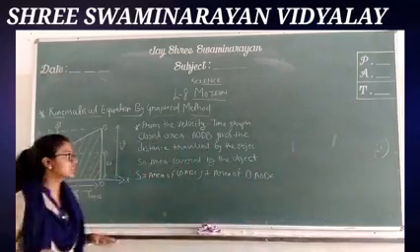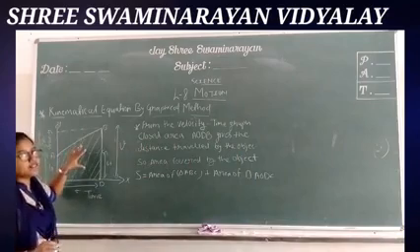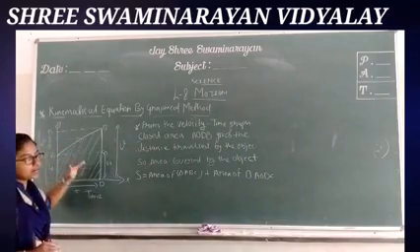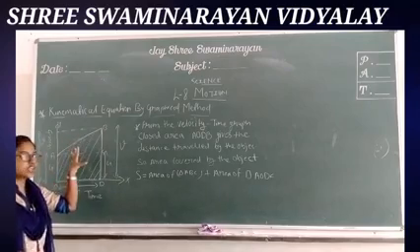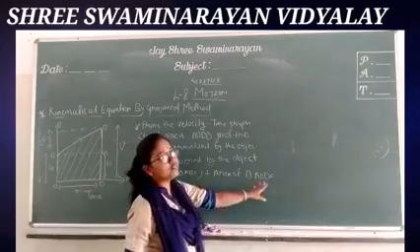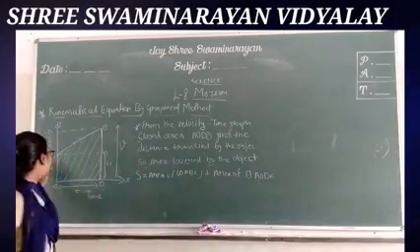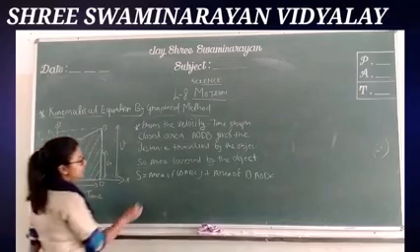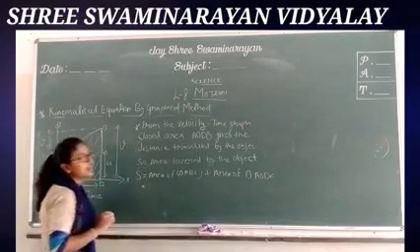What we have done, students? The whole covered area we have divided into two parts. So the total area of this object will be the area of the triangle ABC plus the area of the rectangle AODC. So now, what is the area of triangle ABC?